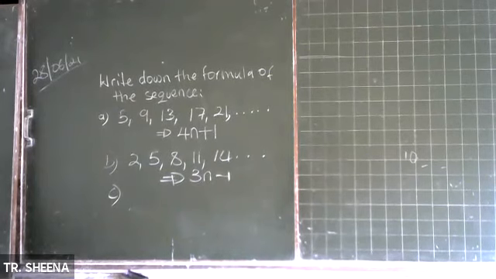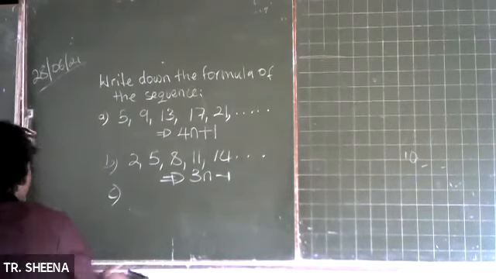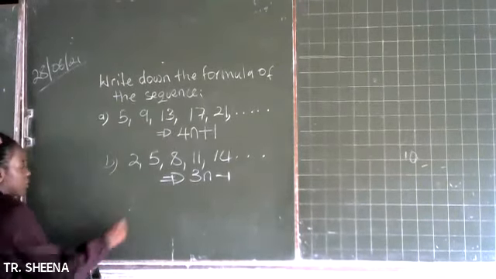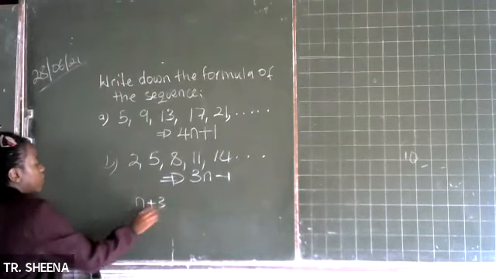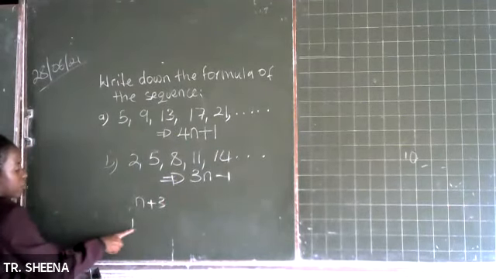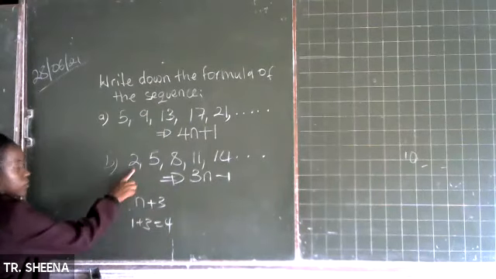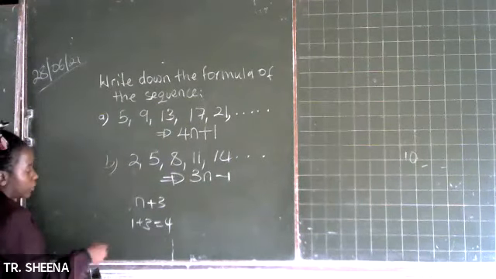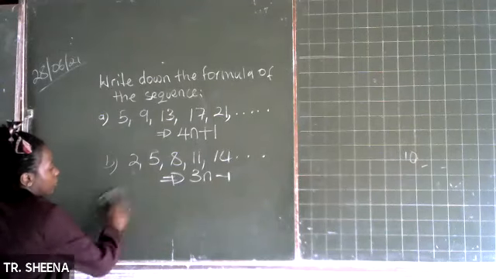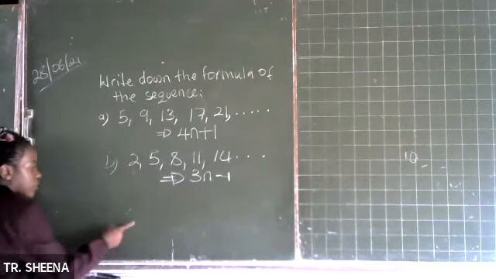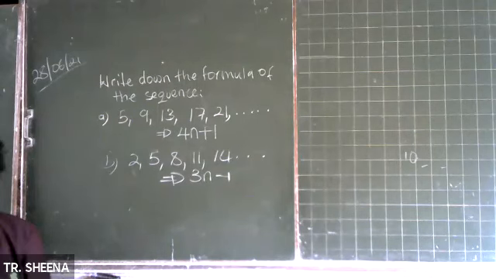Okay, so Jemima asks, can n plus 3 work? Let's see. If you use n plus 3, your first term is 1. 1 plus 3 is 4. And our first term is 2. So it cannot work. You don't use the sequence itself, you use the other one. For the first term, you use n equals 1.